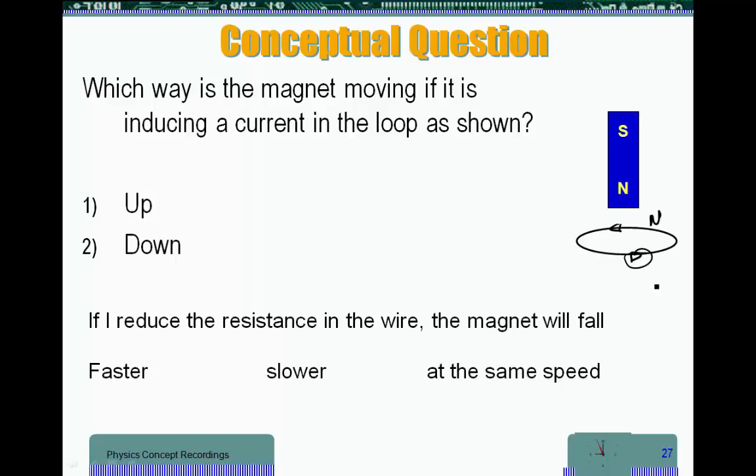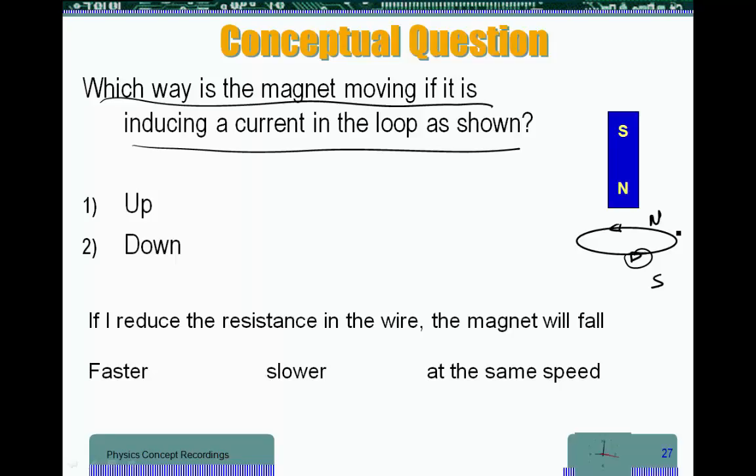In other words, this is my north pole due to this ring, and this is my south pole. The question is, which way is the magnet moving if it is inducing a current in the loop in the direction I just showed? Is it moving up or down?